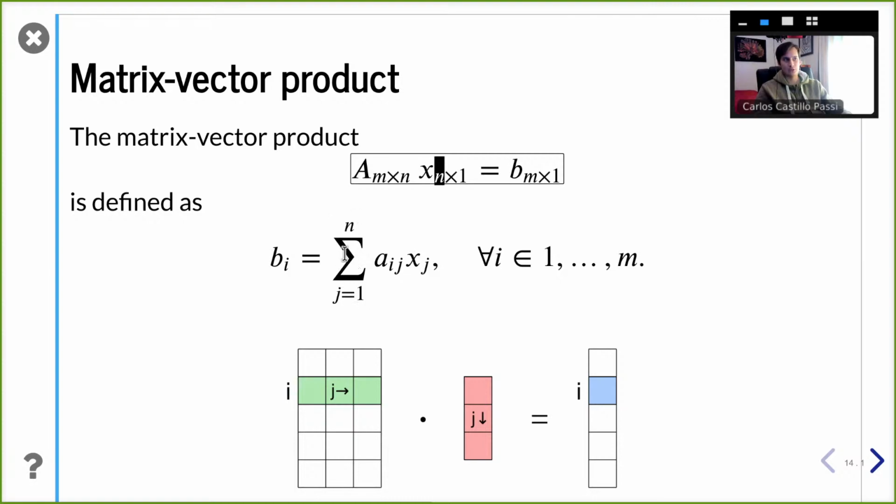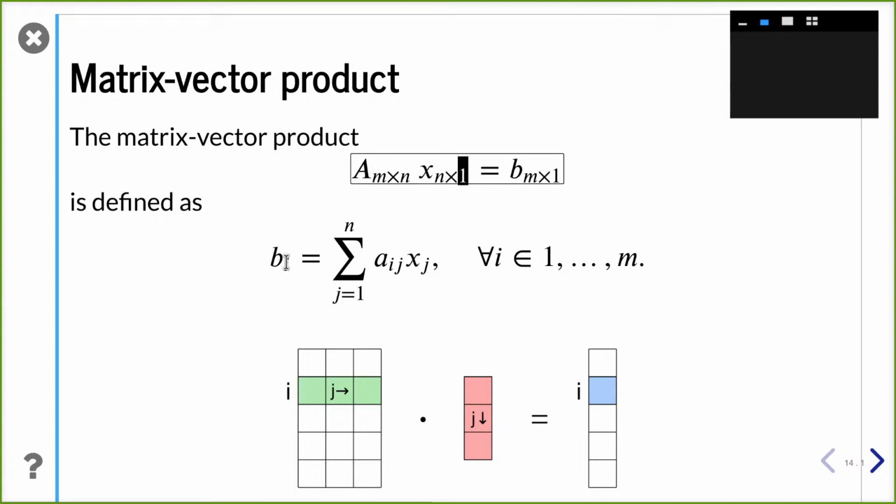So the resulting dimension is m and 1. That's why you have m rows in b.